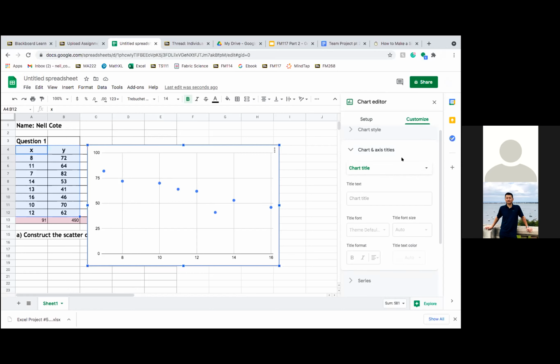For some reason, this is not as user-friendly as Excel itself. So what do I label it? Label the relationship of x and y.